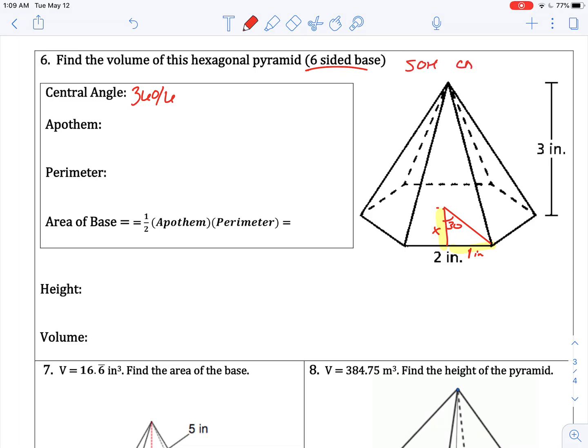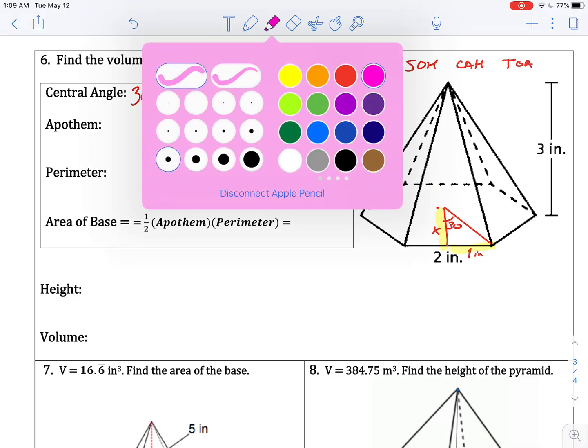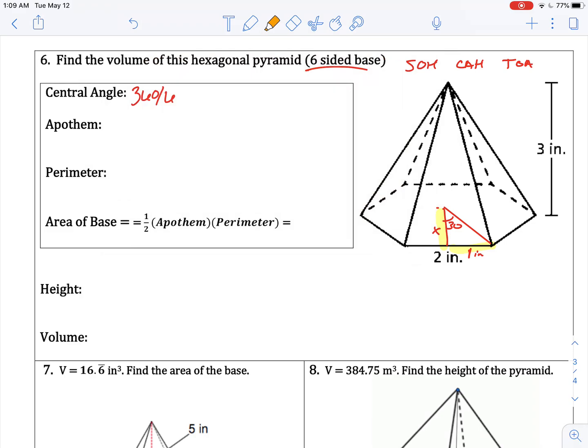SOHCAHTOA. I have opposite and adjacent, or O and A. So I will use TOA. So the apothem is going to be tangent of 30 over 1, where the tangent of 30 is the opposite over adjacent, which is x.